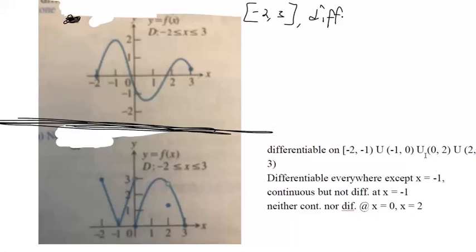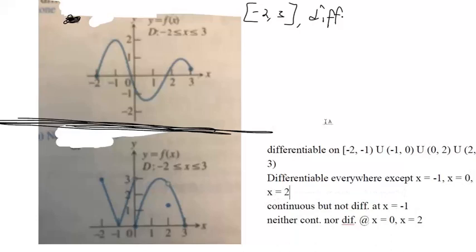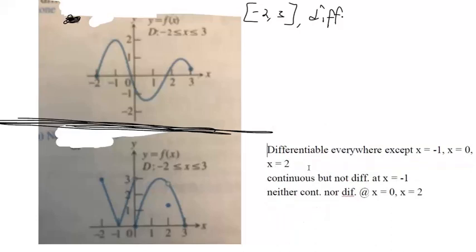Because we said it's continuous but not differentiable at x equals -1. It's neither continuous nor differentiable at 0 and 2. So that's probably the easiest way of stating the answers to those questions.